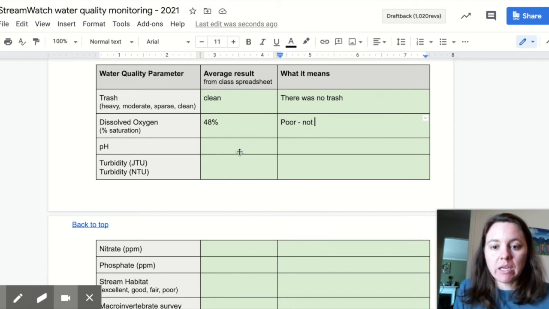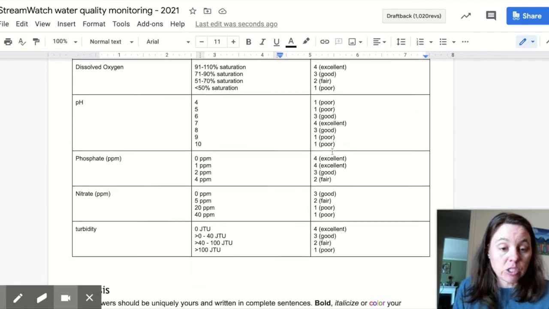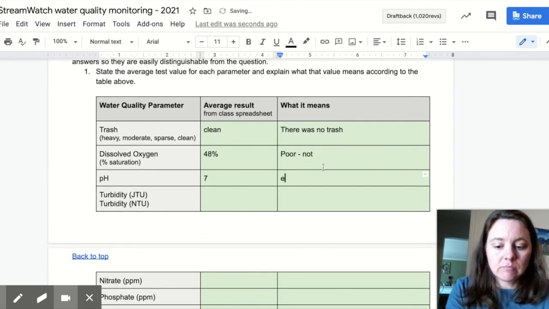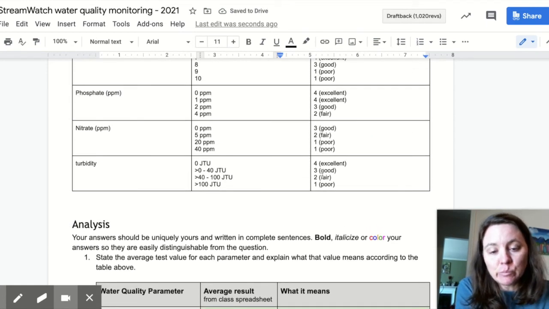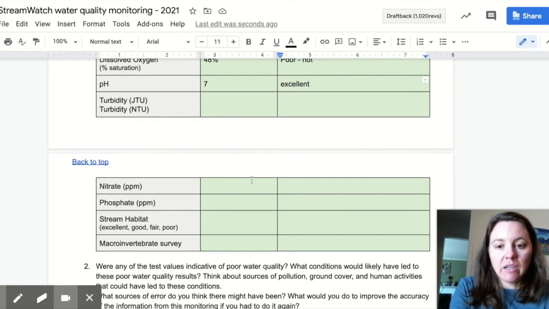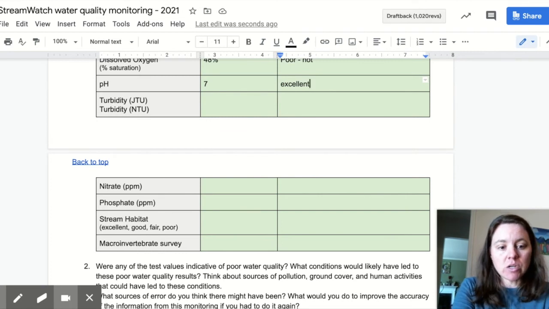Our pH was around 7 for this stream, and that means that it is excellent in terms of pH. Our turbidity was not really any turbidity, so we're going to call that excellent for this tiny stream that I did. But if you're taking the class average for Burdens Creek, then make sure that you are using that, not this.